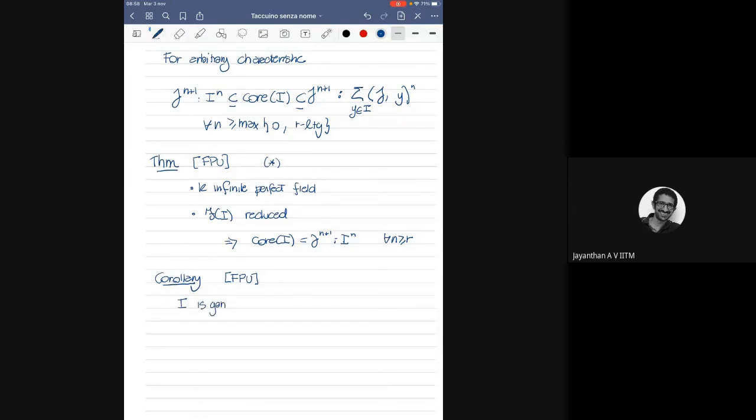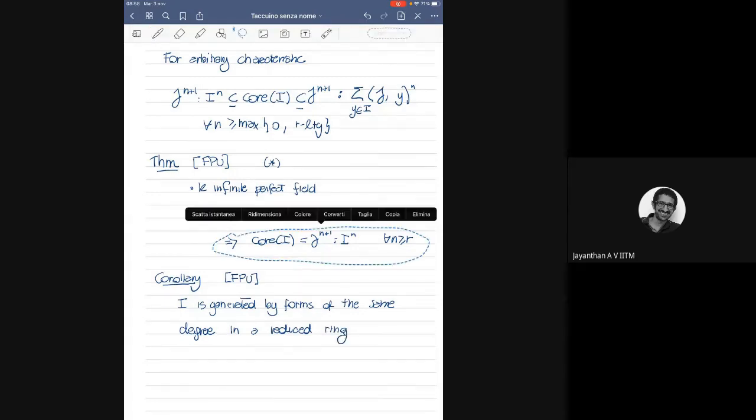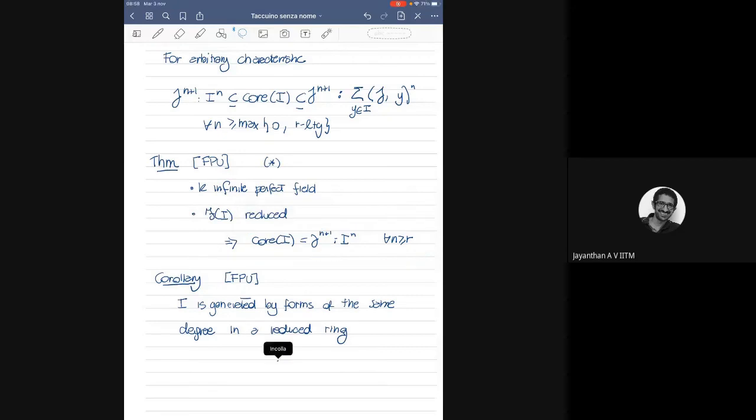So this is the case generated by forms of the same degree in a reduced ring. Then again, this formula is obtained.